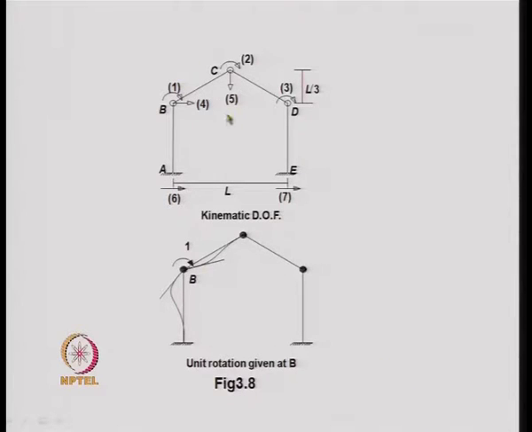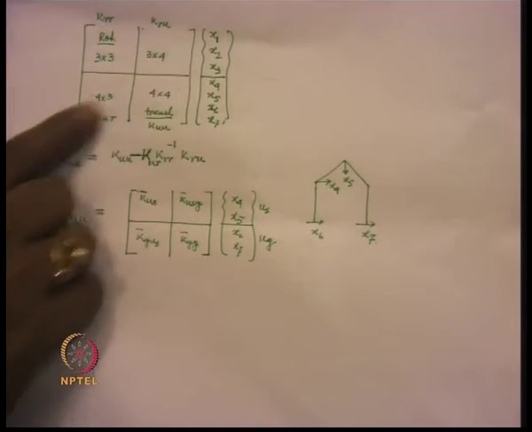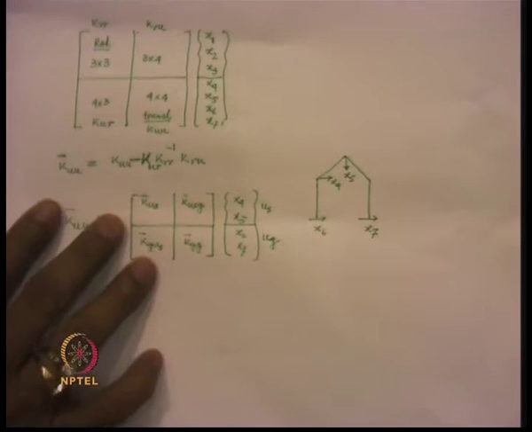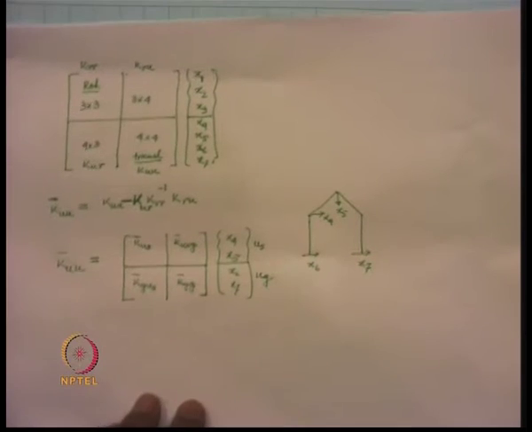We write down the stiffness matrix the way we write it for a static analysis, and then we partition it. For example, x1, x2, x3 are the rotations, and these rotations are taken on the top.